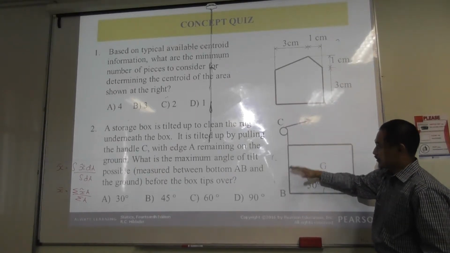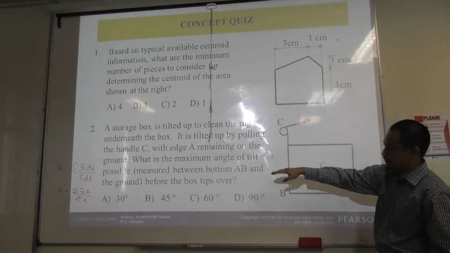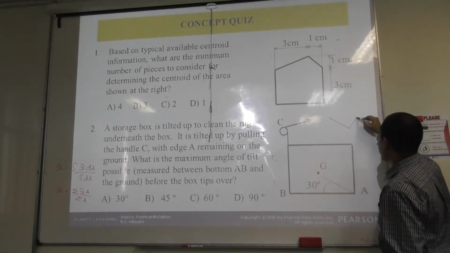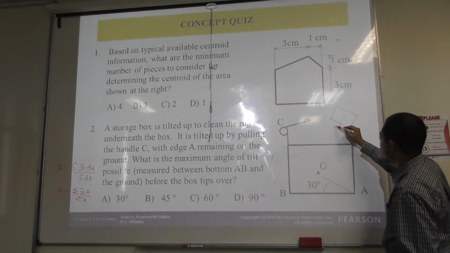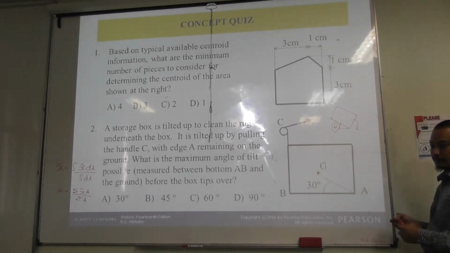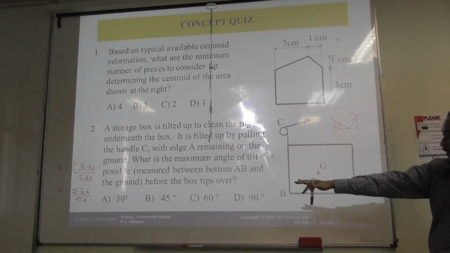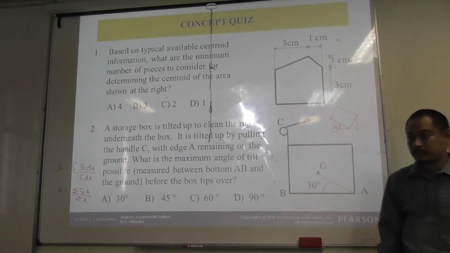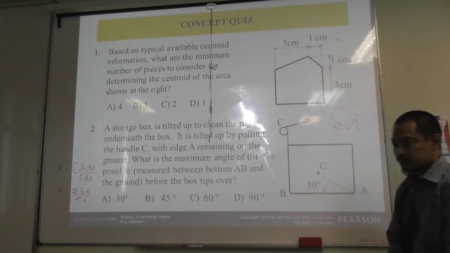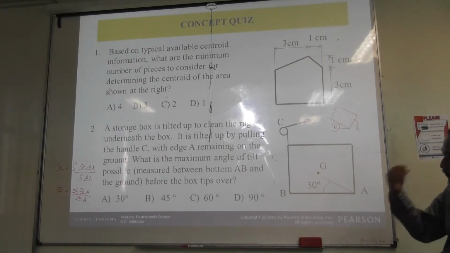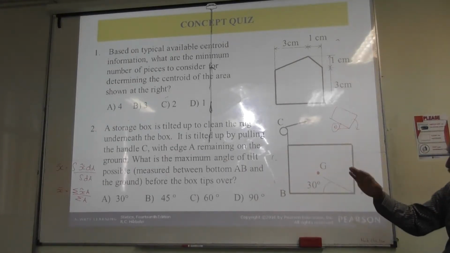So how much tilt before it tips over? What angle here will make it tip that way? 60, okay. And why? This relates to the concept from what we learned.